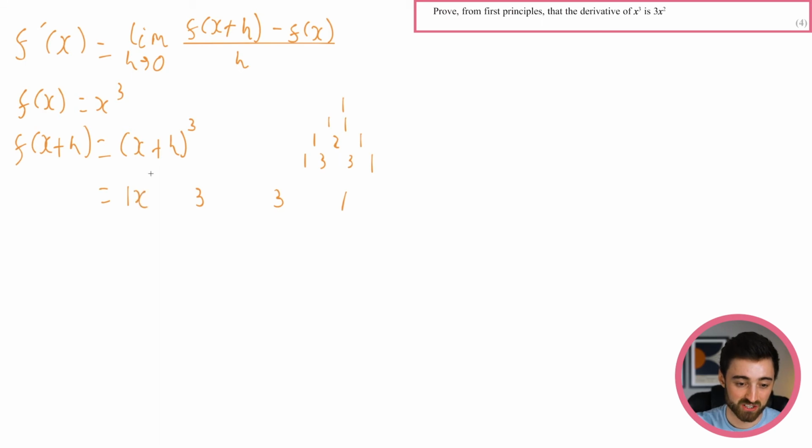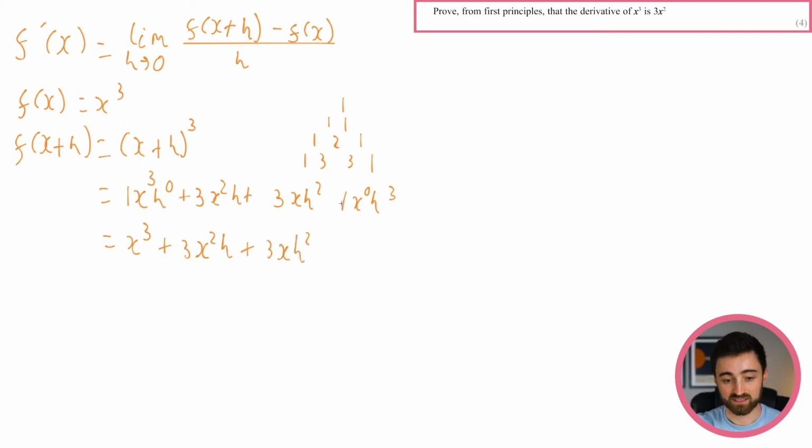So this is going to be an x cubed, h to the naught. This is going to be an x squared h. This is going to be an xh squared. And this is going to be an x to the naught h cubed. In other words, it's going to be x cubed, plus 3x squared h, plus 3xh squared, plus h cubed.